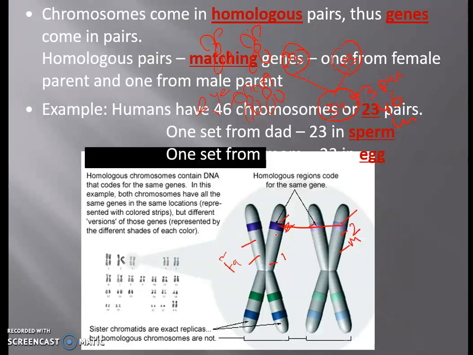One set comes from your dad, that is 23 in the sperm, and one set comes from your mother, that is 23 in your egg. They fuse together in the zygote, and they pair up according to the size and the location of the genes on their arms, which are also called loci. So homologous chromosomes have a pair of genes at the same location.